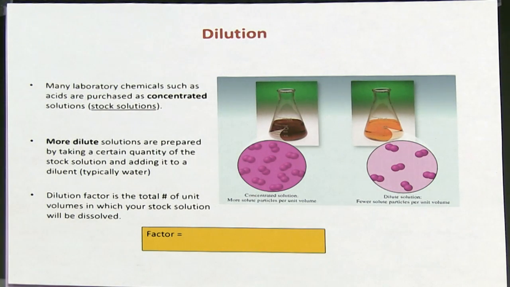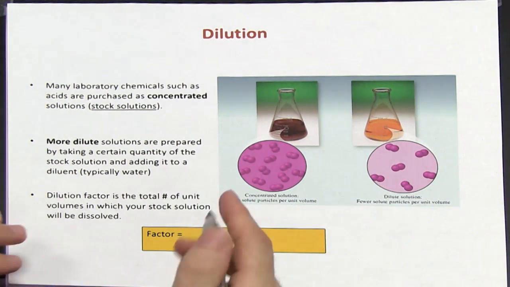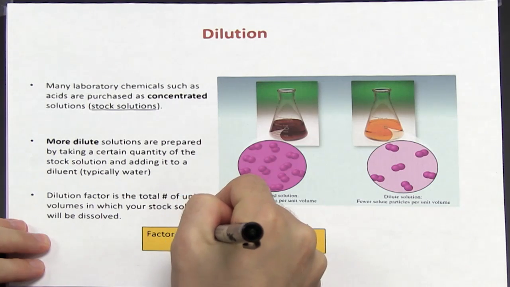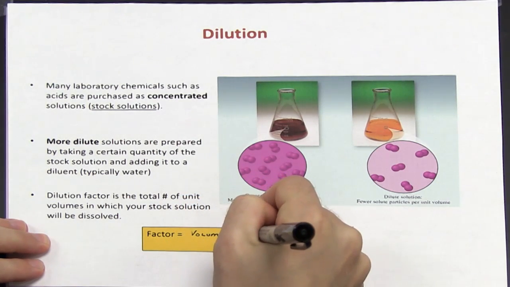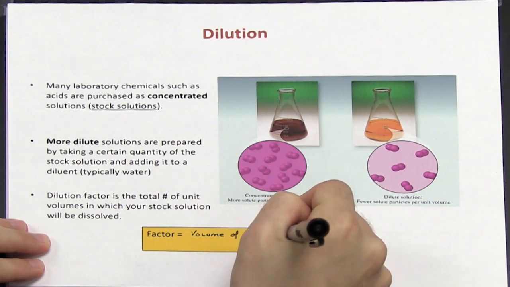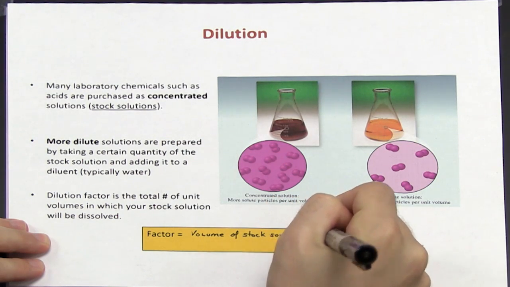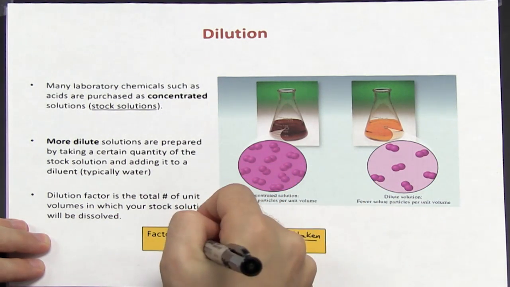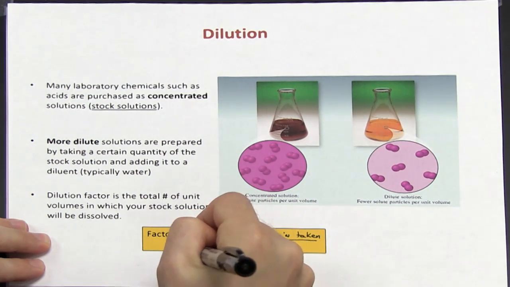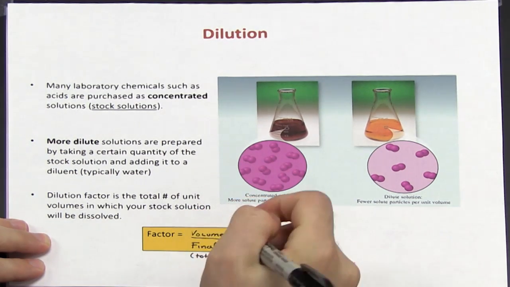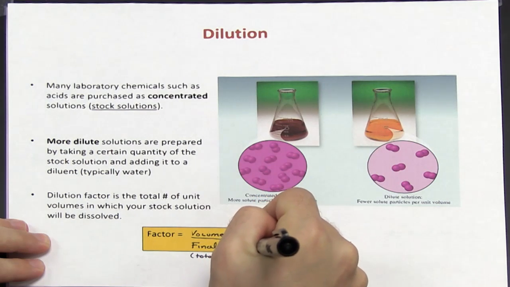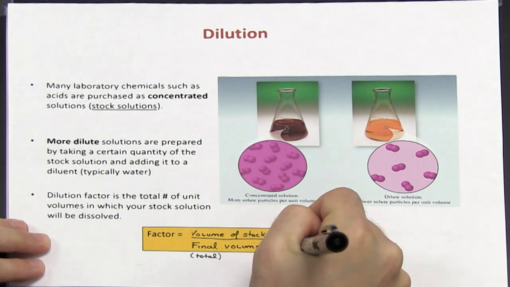So in order for us to do that, we need to use what is known as a dilution factor, which is the total number of unit volumes in which your stock solution will be dissolved in. And the formula for the dilution factor is the volume of stock solution taken divided by the final, also known as total, volume of your diluted solution.